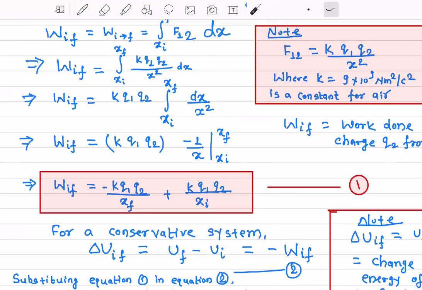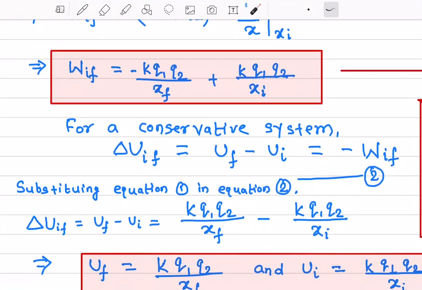The electric field is a conservative field. What does that mean? It doesn't matter in which direction you move; the total work done depends only on the initial point and the final point. It doesn't depend on the length of the path.